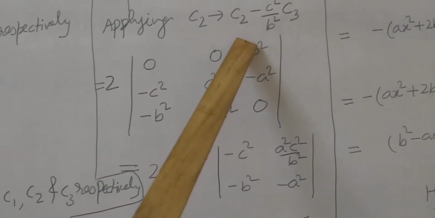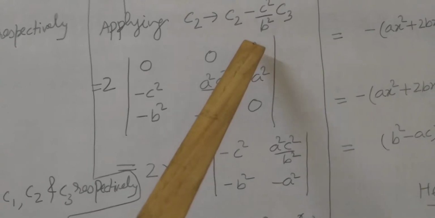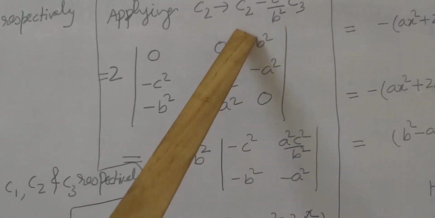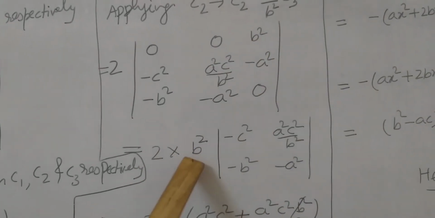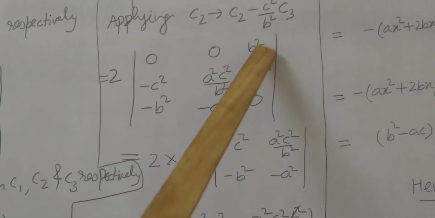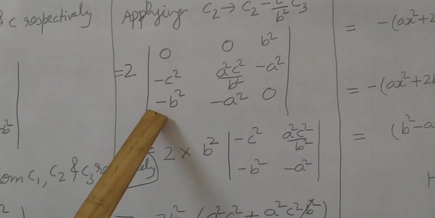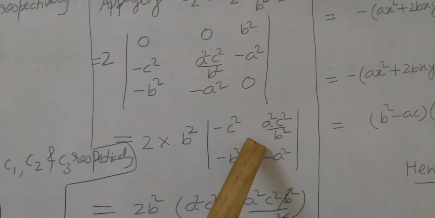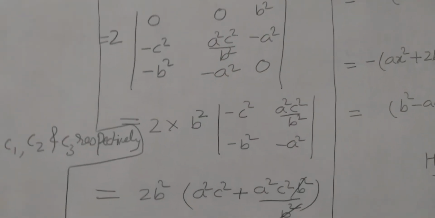Only this part should be written. So B square I have taken, it is at the place of A13, so it is positive. Now delete its row and its column. What is left? Minus C square minus B square, A square C square upon B square minus A square.